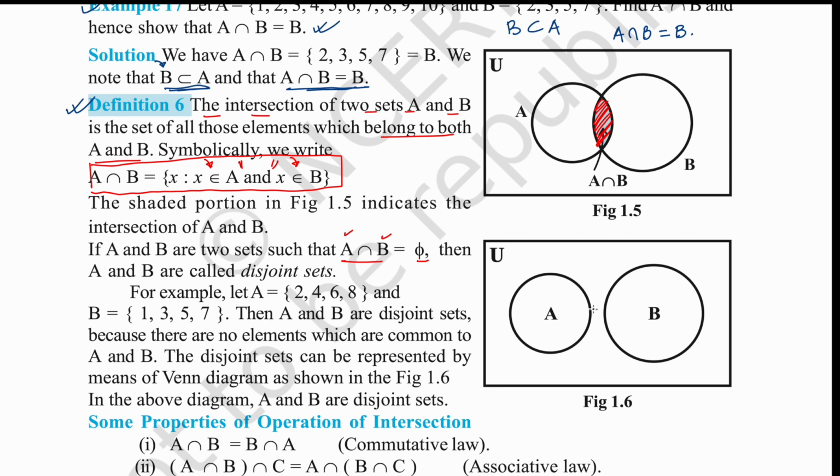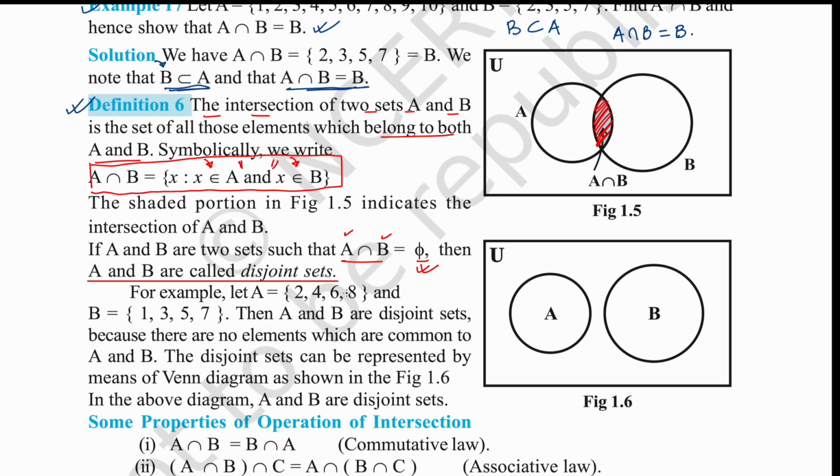So the intersection of these two sets does not give you any element, and when there is no element inside the set, then it is a null set. In this case, we call the two sets by a special name, and that is called disjoint sets. So whenever you have no element common between two sets, then the sets are said to be disjoint sets, right?